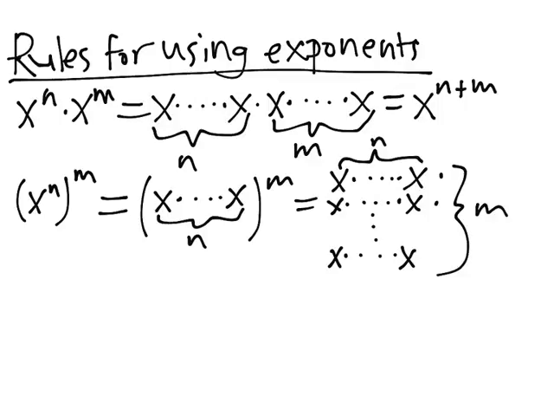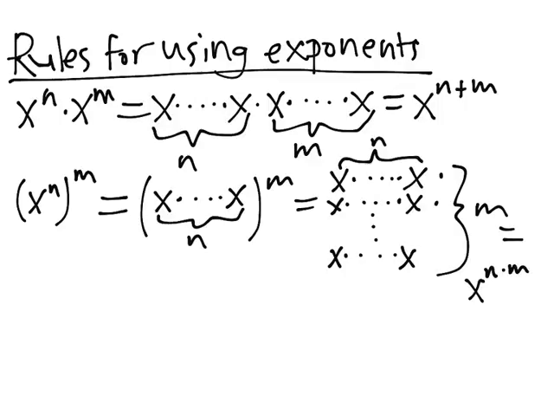Notice now that we have a product of n times m copies of x, since the x's are arranged in a grid with m rows and n columns. So this is equal to x to the n times m.